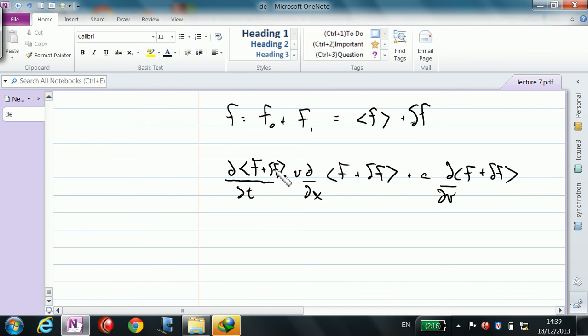So its value averaged over time and space is 0. Again, this means averaged over time and space. Why is it 0? Because this was the average of f over time and space, and delta f is whatever has an average value of 0 at any given point.